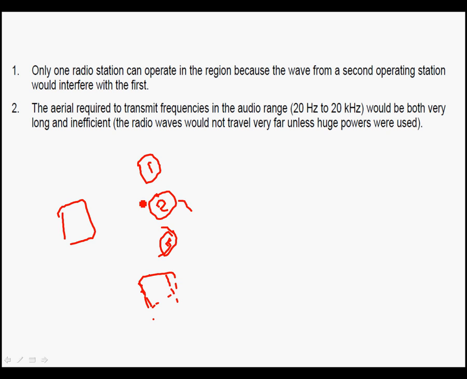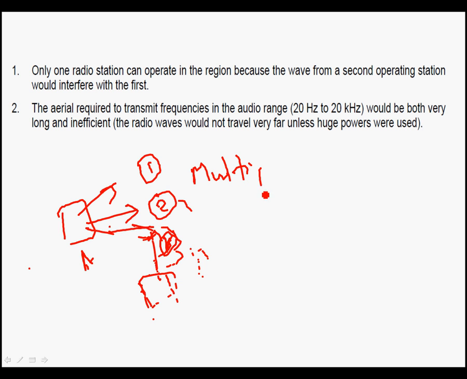If this radio station transmits radio waves or a radio signal, the problem will be that these radio waves are also coming in from the second station, say station A and station B. You'll find that these two waves can interfere, and hence you have a problem. This is actually called the problem of multiplexing.